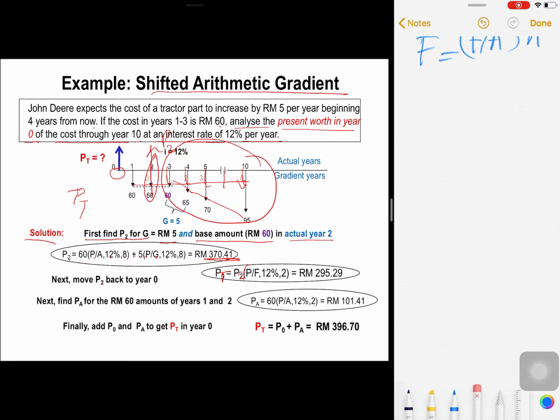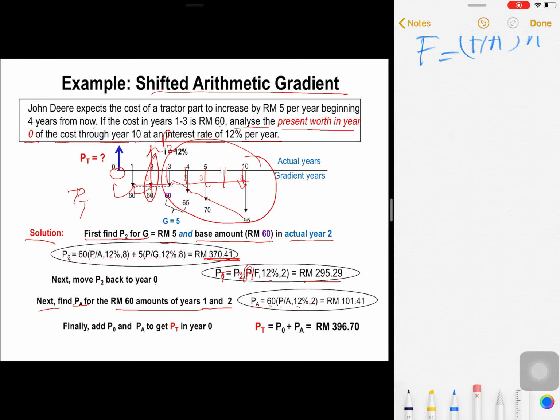P naught, or P total, equals P2 times (P/F, 12%, 2 periods), which is RM 295.29.